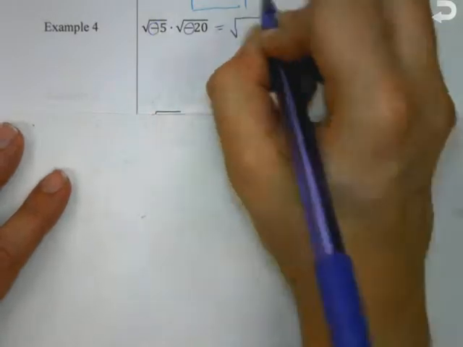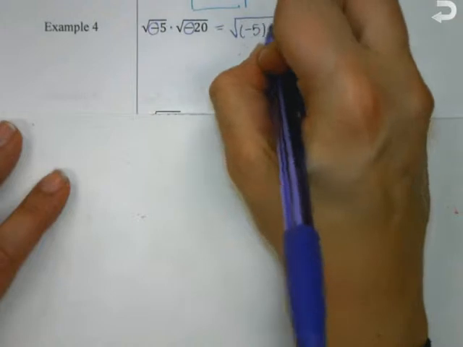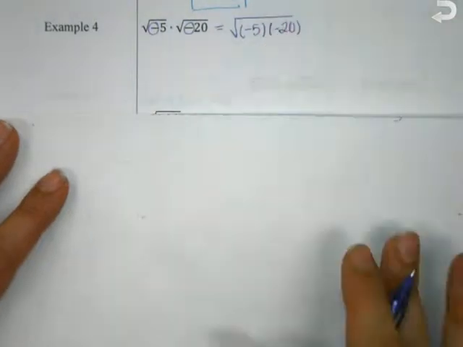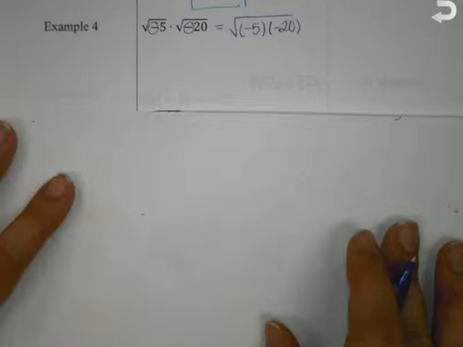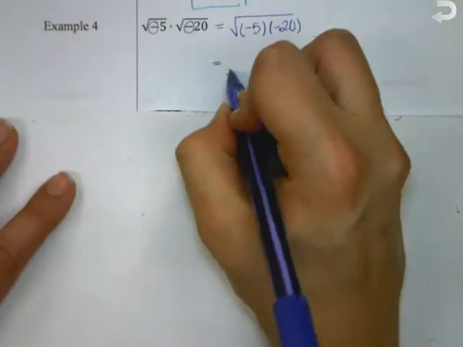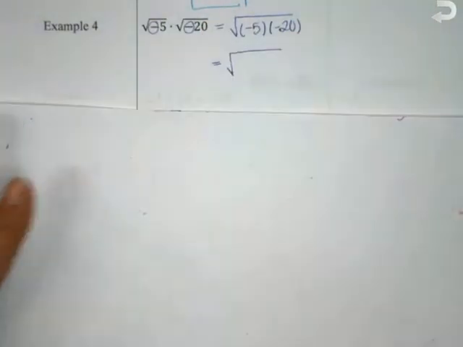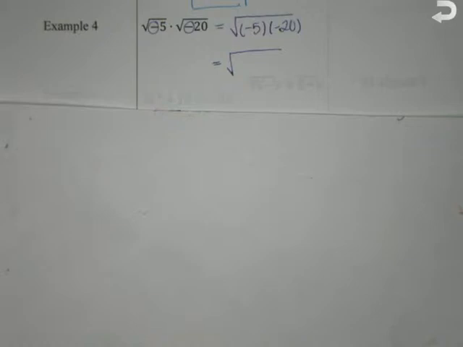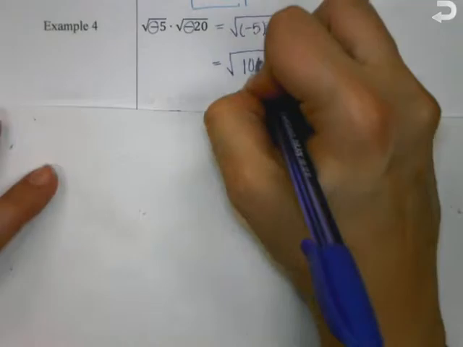And that's kind of going to work out in our favor, right? What's negative 5 times negative 20? Positive 100. And can we take the square root of positive 100? Yeah, what does it come out to? 10. And you're done.